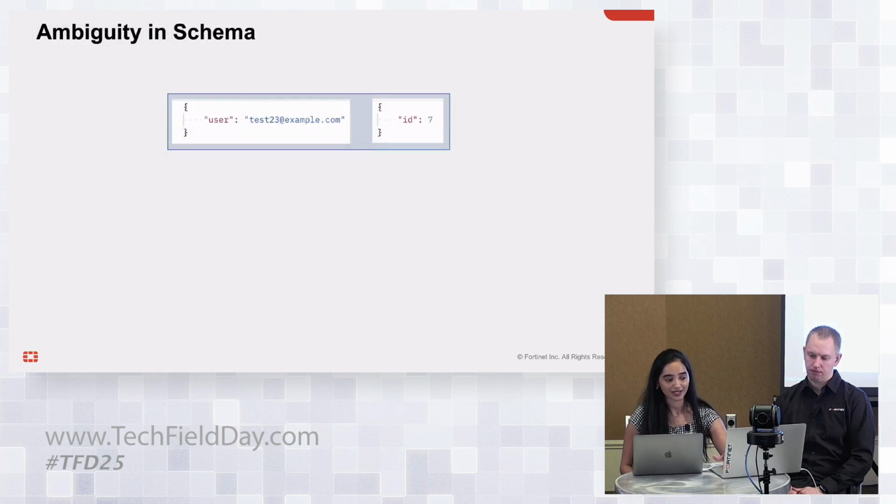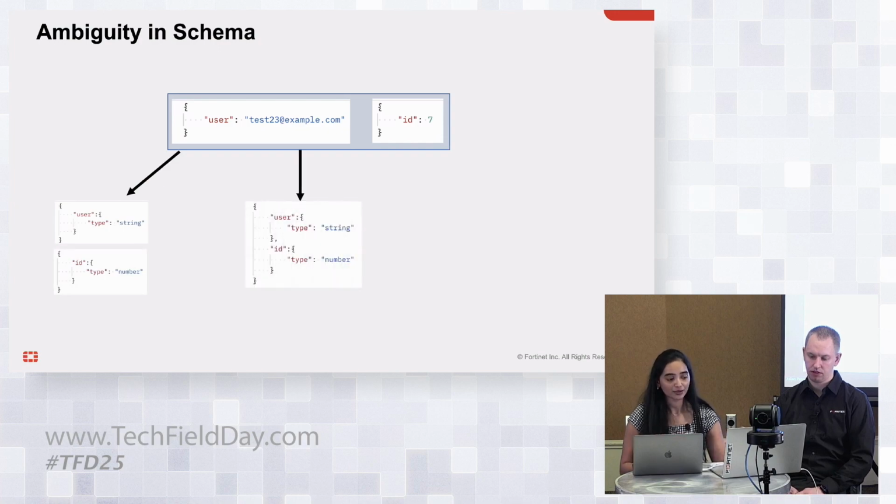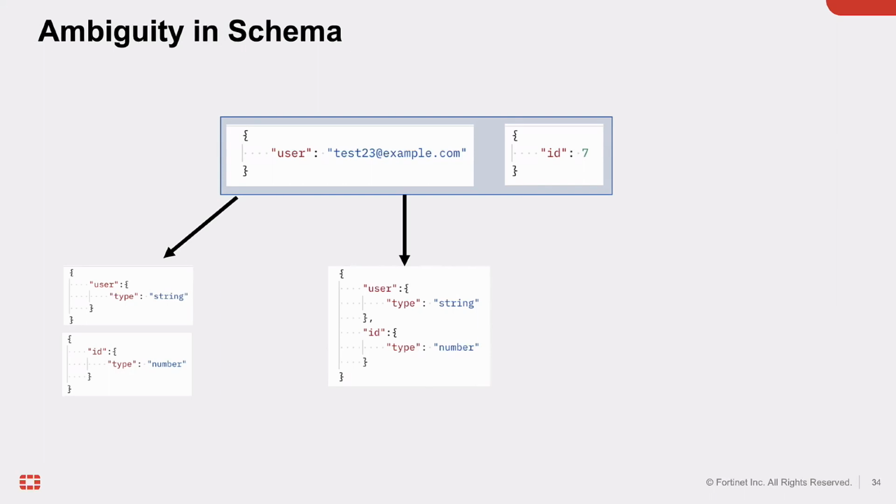The second ambiguity is the JSON in the body. For example, for our juice shop, there is user and then there is ID. The user is a type string and ID is a number. The ambiguity in the schema of the body comes when a post request is made: it could be a single URL request where the type is a string for the user and the ID is a type number, which could be two different endpoints, but they could also be derived from one single JSON, the whole dictionary which has user and ID.